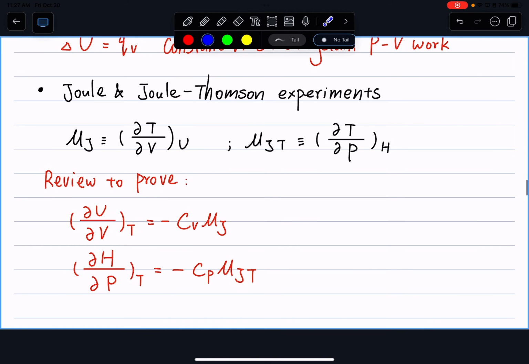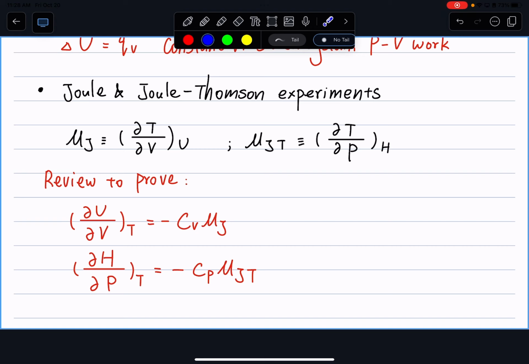Then for the Joule and Joule-Thomson experiments, we define the Joule-Thomson and Joule coefficients accordingly. So again, these coefficients are there because they give you a way to build a connection between your internal energy and T and V, or internal energy and T and P. Now these will give us a way to measure how your internal energy changes with respect to volume, or how your enthalpy changes with respect to pressure, using the Joule coefficient and Thomson coefficient, along with the heat capacity.